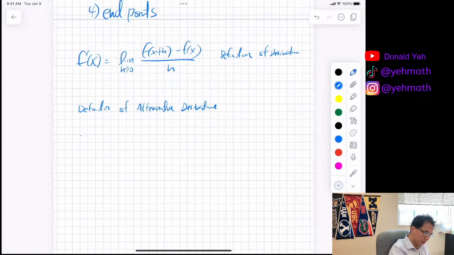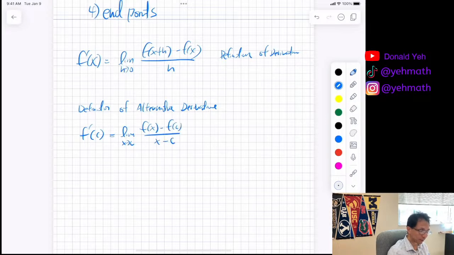So this one is f prime of c is equal to the limit as x approaches c of f of x minus f of c over x minus c. What is this? Yesterday we could find the slope at all x values, if x is defined.